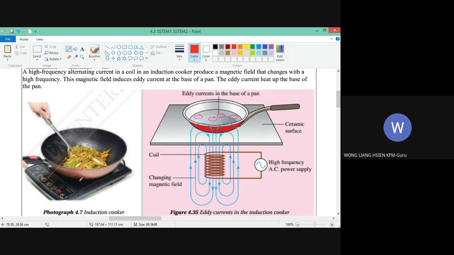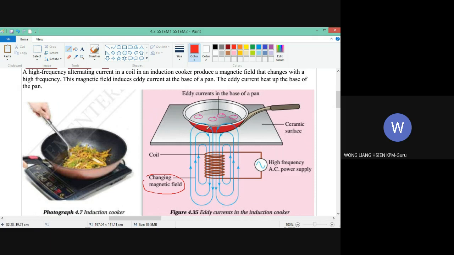The stove produces a changing magnetic field. The induction cooker does not produce heat. This is very important. It produces a changing magnetic field.